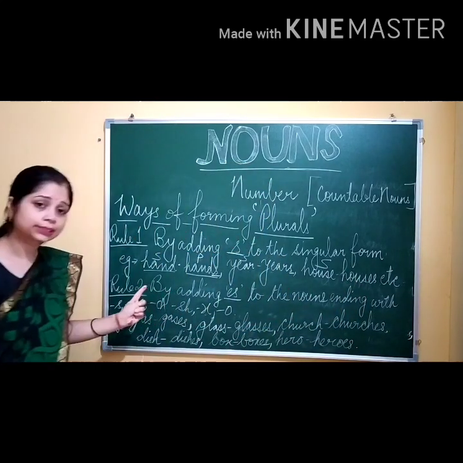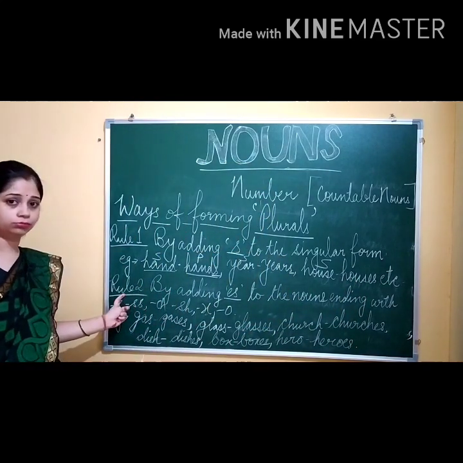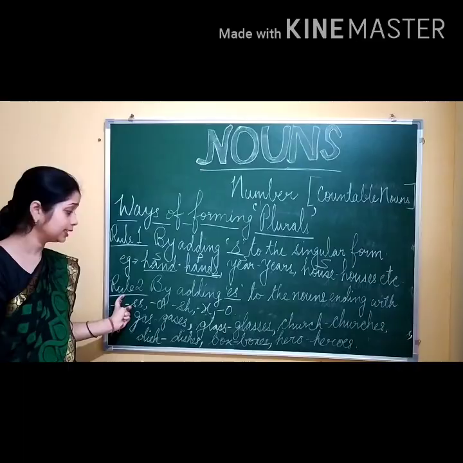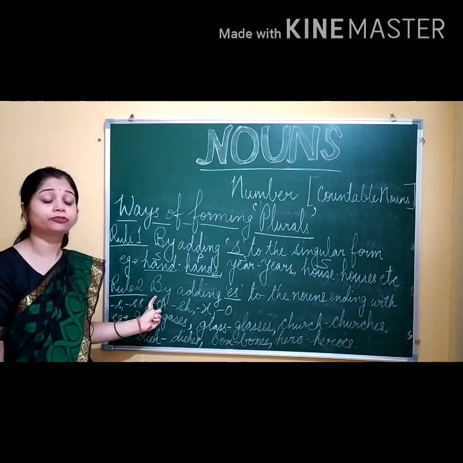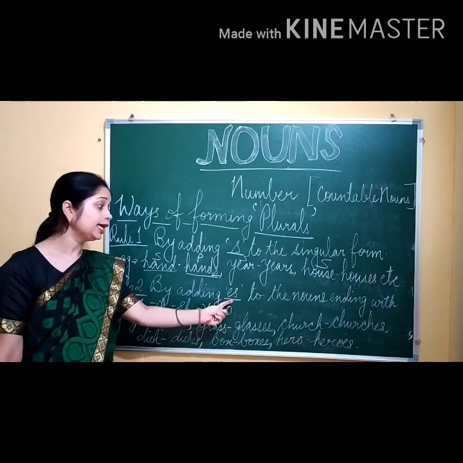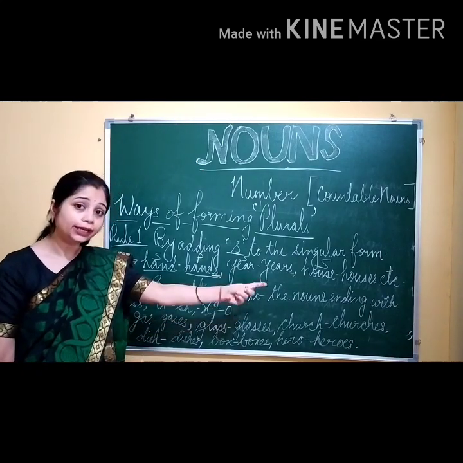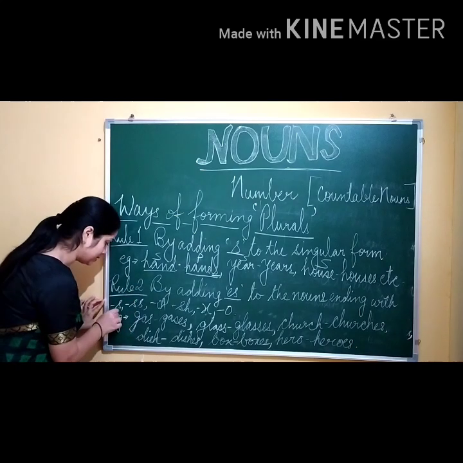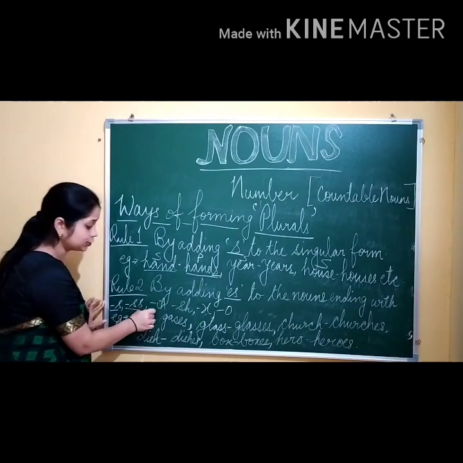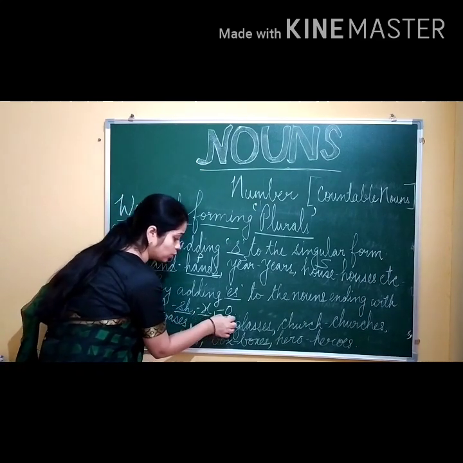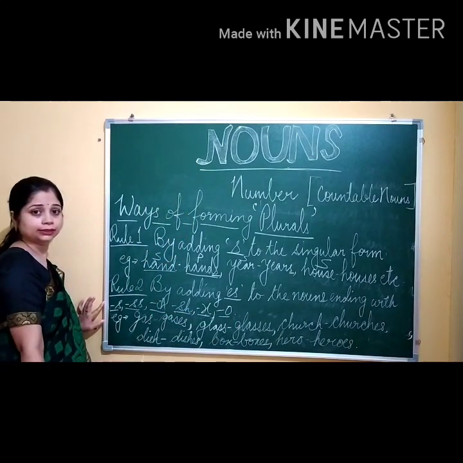Now, let's discuss rule 2. Rule 2 says that we can change the form of a singular noun by adding es to the nouns ending with S, SS, CH, SH, X and O alphabets.